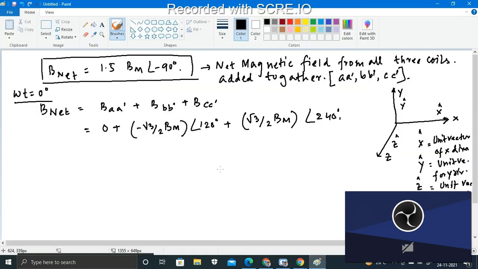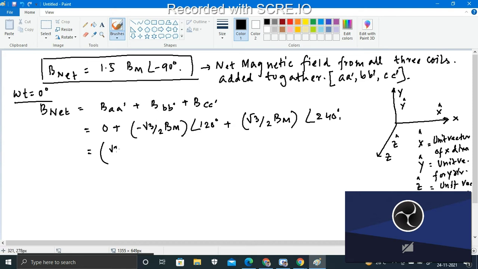For that case, each and every component, each and every vector has cosine functions as well as sine functions according to the angle concerned. So if I rewrite these equations, it will look like this.